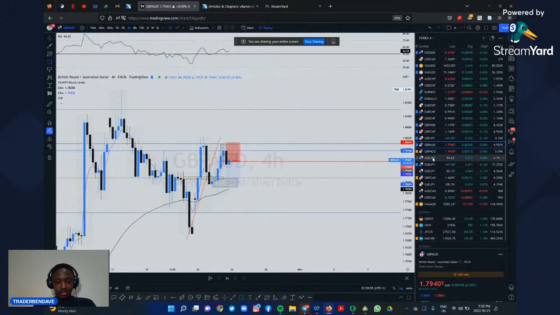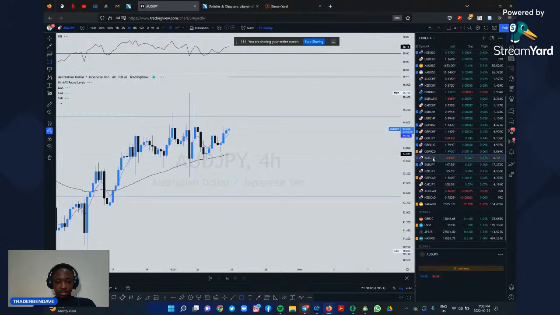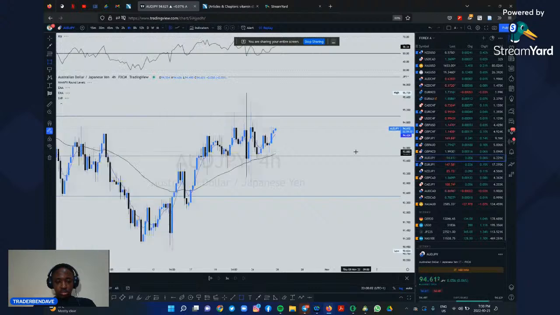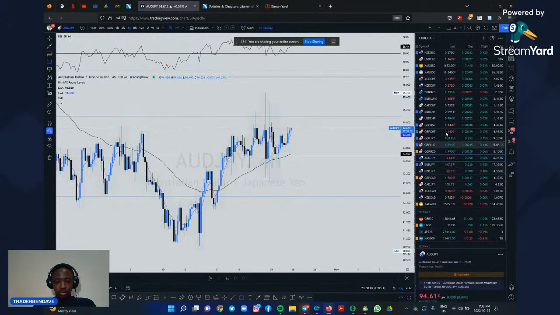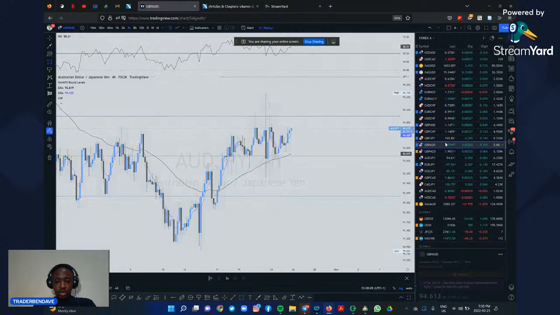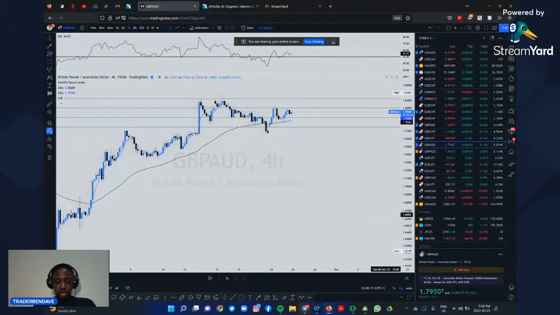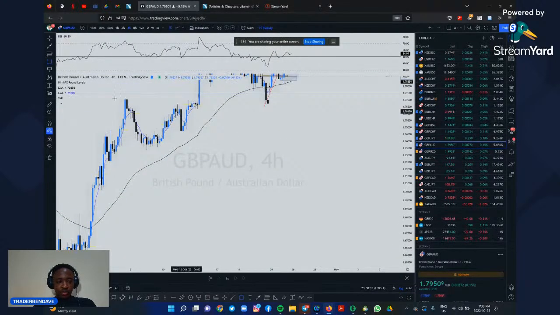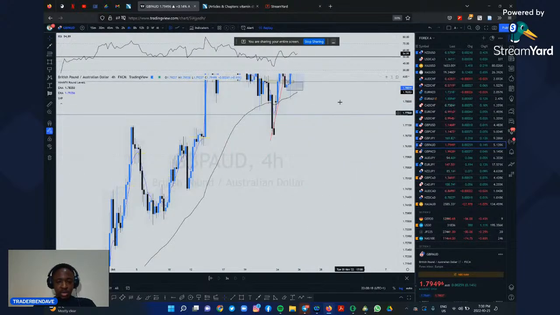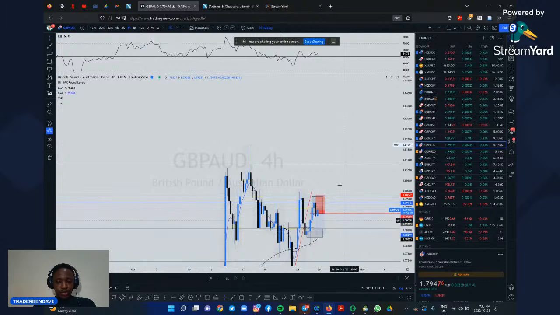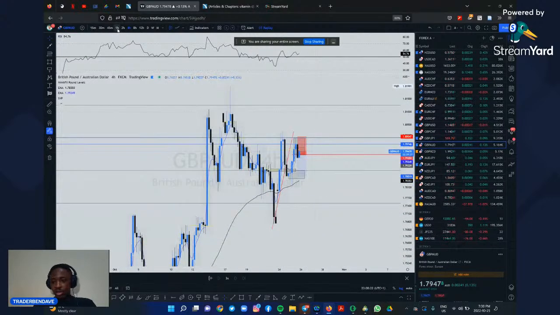Let me see. I'm just going to hold it through the news and see what happens. If it drops to my TP, that's fine. If I hit stop loss too, that's fine. But this is very bullish. I'll be looking to buy if price stays within this level here.